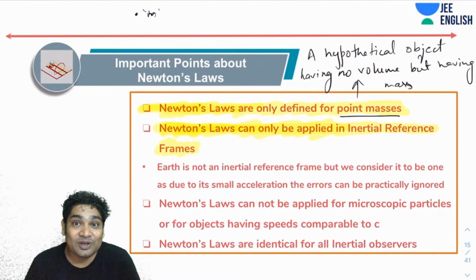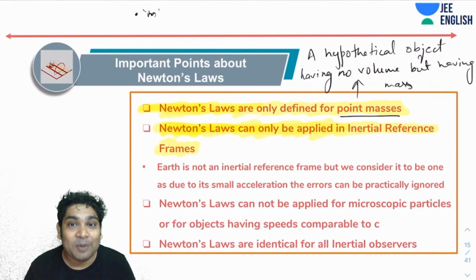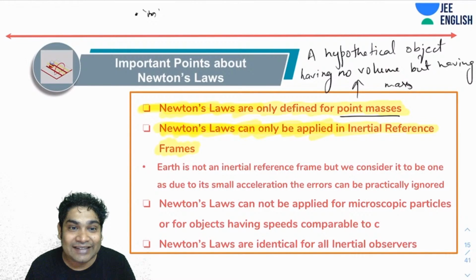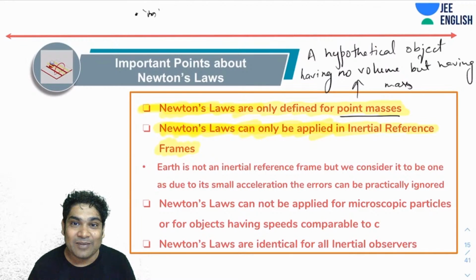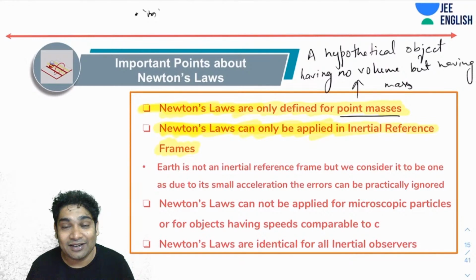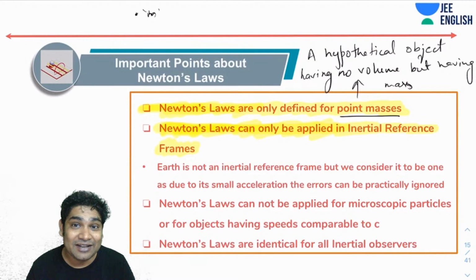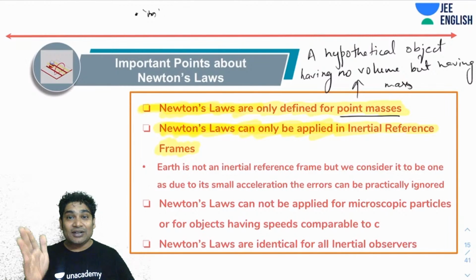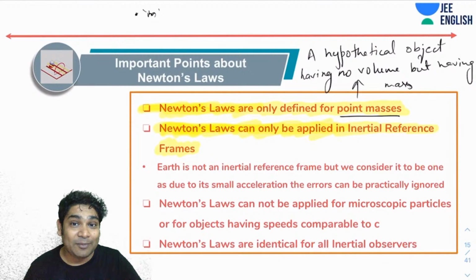Now, of course, there is a problem. The problem is, how do I even know if somebody is at absolute rest? I told you in the first class of kinematics that you can never comment on the absolute state of motion or absolute state of rest. Why? Because all motion is relative. Even when you are looking at things, all you can predict is what it is doing with respect to you.